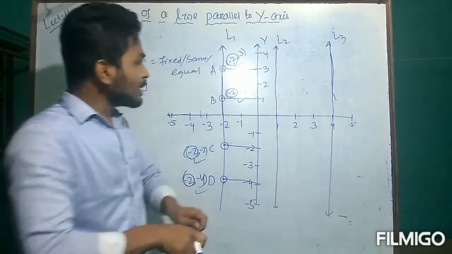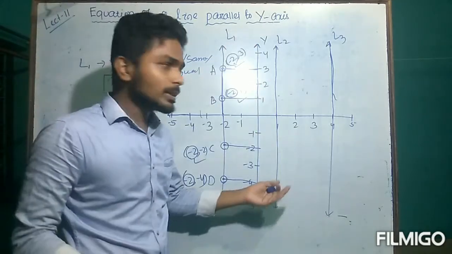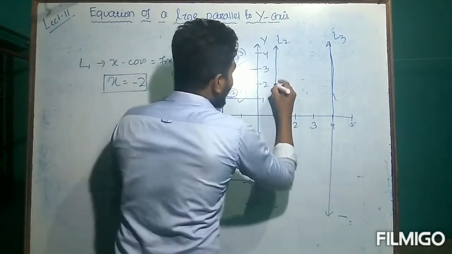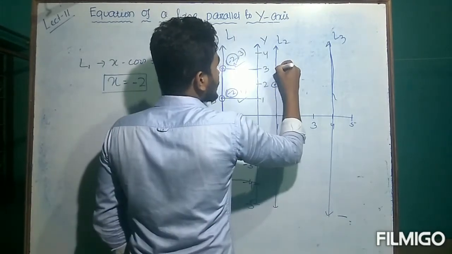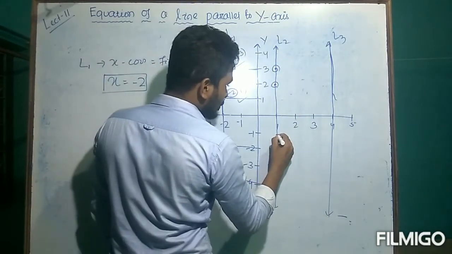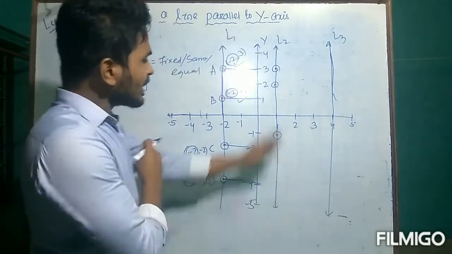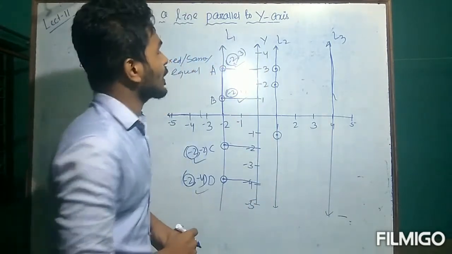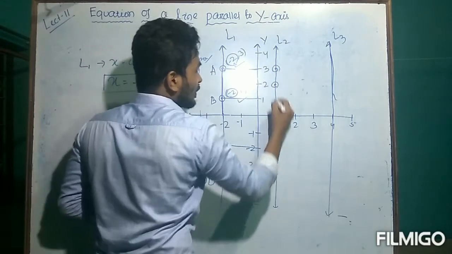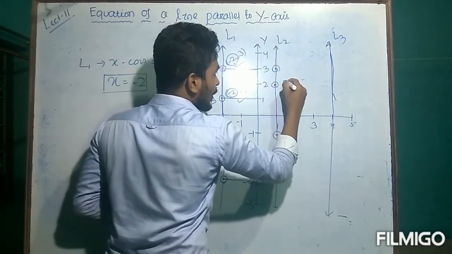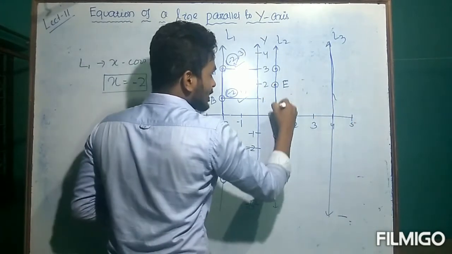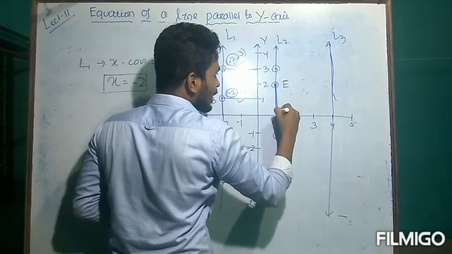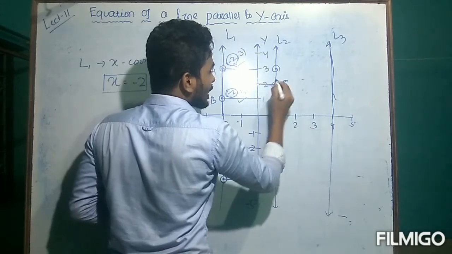Right? Similarly, can you find the equation for L2? Yes, of course. Let's find it. Suppose we take a point here, 2 points, and a point here also. Suppose I take 3 points. Let's find their coordinates. Suppose this is the point E. For this point, this is your y coordinate and this is your x coordinate.